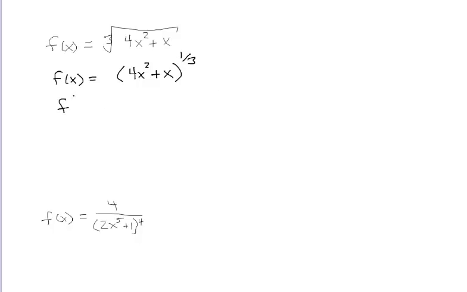So we have f prime of x is equal to, multiply down the exponent, 1/3, rewrite everything on the inside, subtract 1 from the exponent, so we get negative 2/3, and now times the derivative of inside the parentheses, which is 8x plus 1.